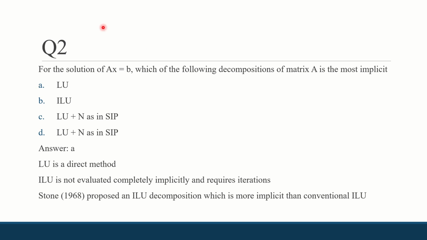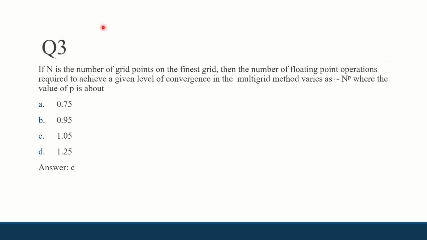So we'll move on to question 3. In question 3 it is asked that if n is the number of grid points on the finest grid, then the number of floating point operations required to achieve a given level of convergence in the multigrid method varies as approximately n to the power of p, where n is the number of grid points.